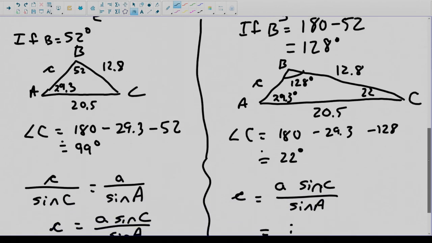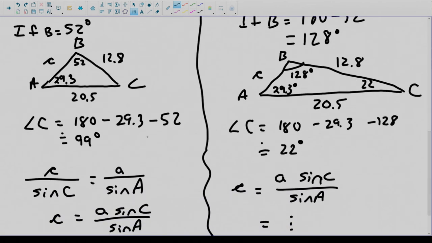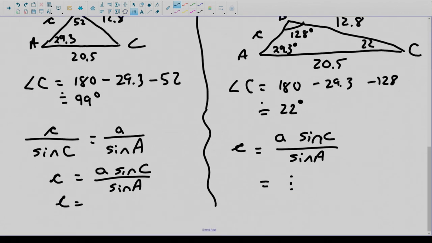And then you solve it, finding the third angle for both cases, and then finding the third side for both cases. And if you finish off the math here, you will find out that little c is different in both of those cases. And that's how the ambiguous case works.